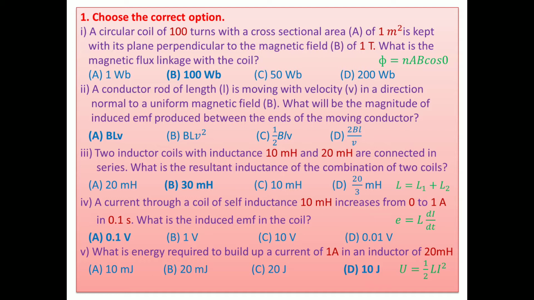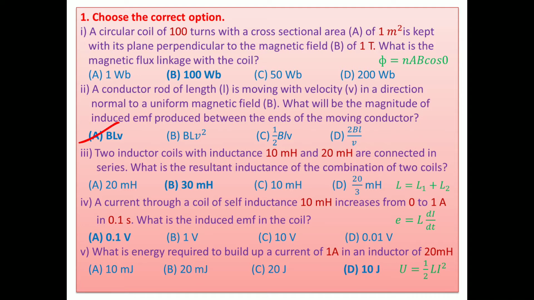We know that the induced EMF equals BLV sin theta. One thing should be there: the length of the rod is normal to the magnetic field. So BLV sin theta becomes BLV sin 90. Sin 90 is 1, so we get the answer BLV directly.